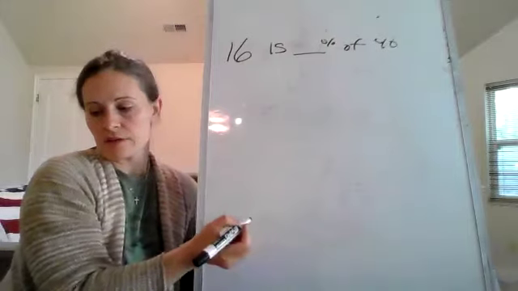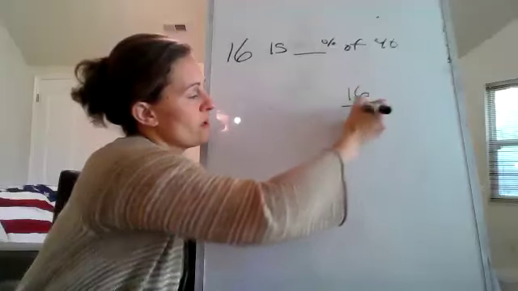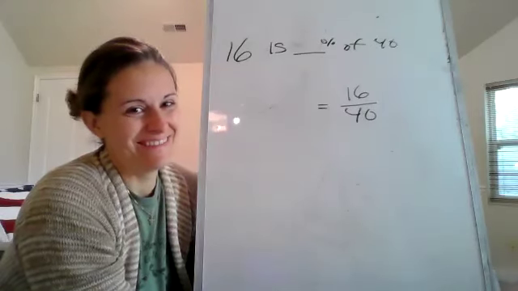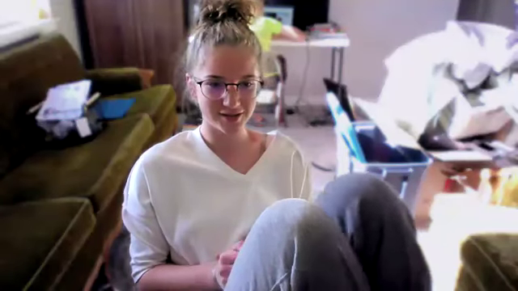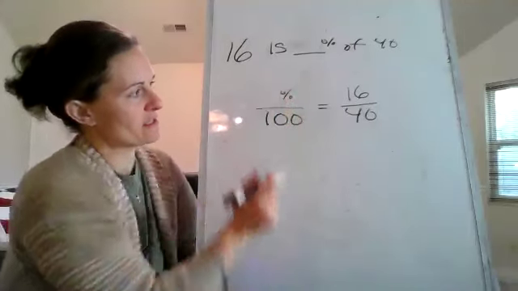What's the formula gonna look like? 16 over 40 equals what? Do you remember what the other one looked like? It was 100 on the bottom, percentage on top. And then we're trying to find that percent, right? We're trying to fill in what percent is it?